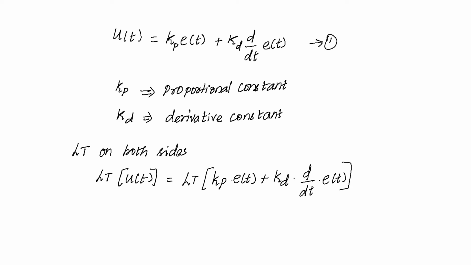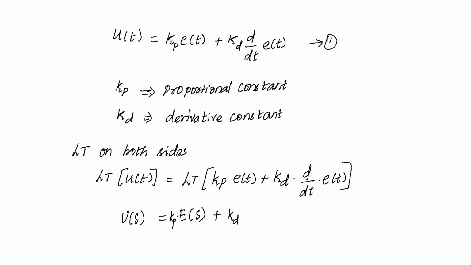Now from the time domain, we write it in the frequency domain. So u of t becomes U of s, and when you take the Laplace transform of e of t, it becomes the error signal E of s. Don't forget the constants: Kp as it is, dot E of s, plus Kd as it is.